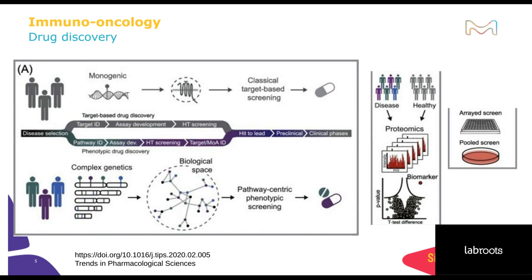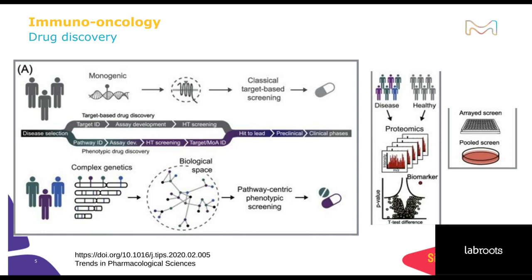And when we look at this timeline, once a disease has been selected to potentially target, a target ID needs to be identified and/or a pathway. Many assays need to be developed in order to test these targets or pathways in vitro, and most often than not, these include some sort of high-throughput screening assay.